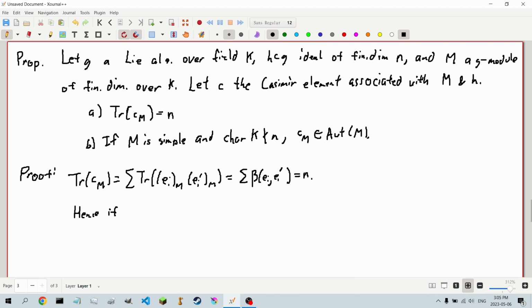Hence, if the characteristic of K does not divide n, I hope that is the right order to write that in. I have not taken number theory yet. Then, C_M is non-zero. Otherwise, I see. So if you're in, say, characteristic 2 and the trace is even, that's equivalent to saying the trace is 0. So it could just evaporate.